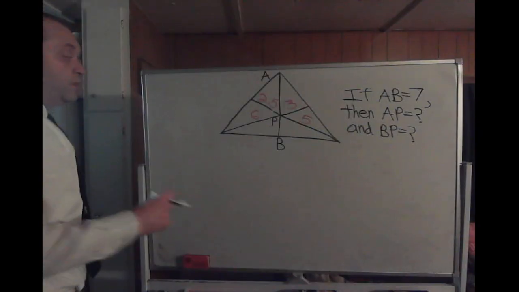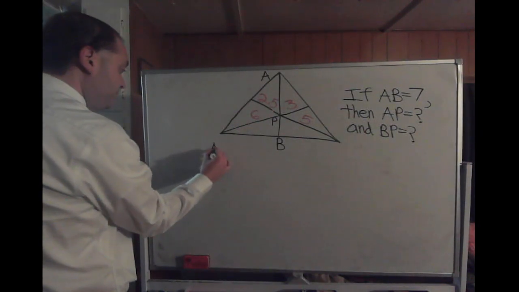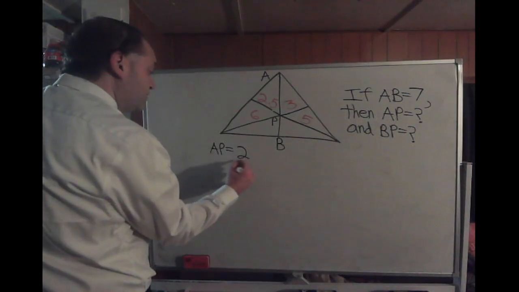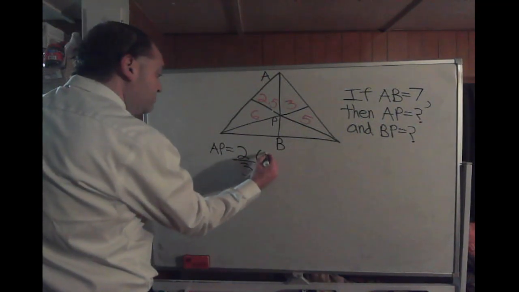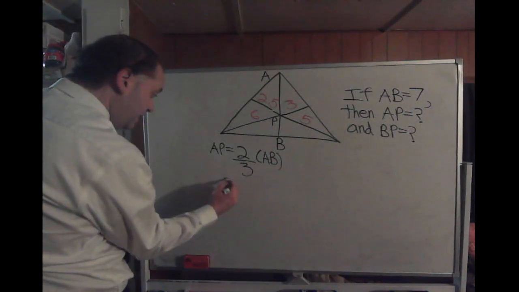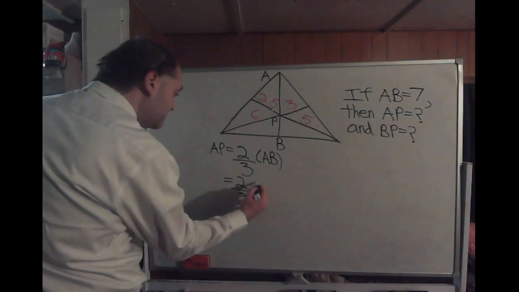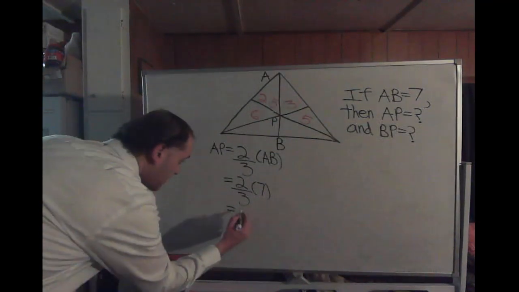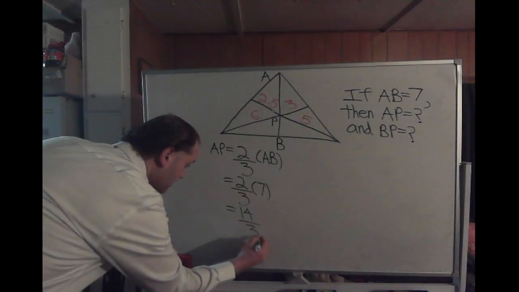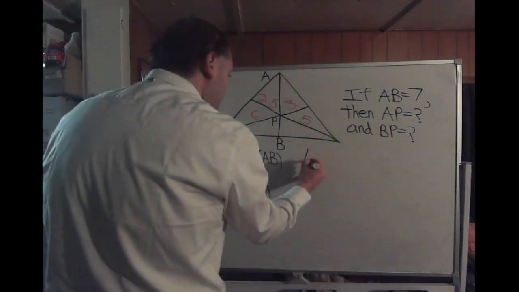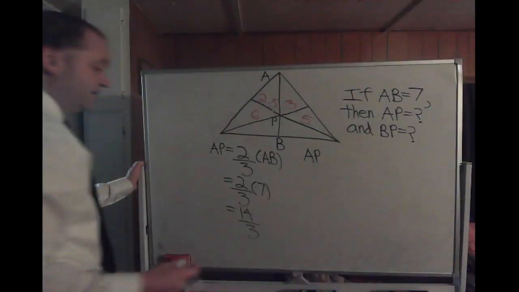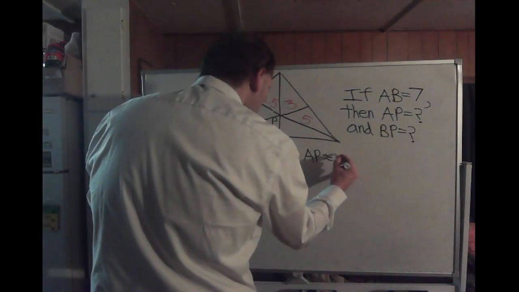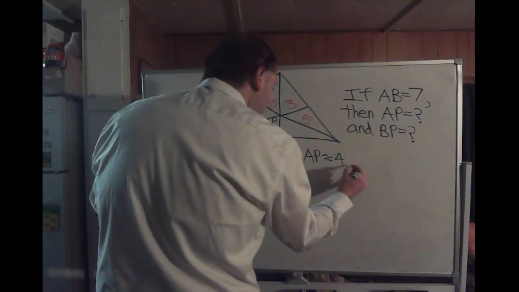So we know that AP, again, has a length of 2/3 of AB, which would be equal to 2/3 of 7, which would equal what? 14/3, which has to mean that AP ultimately is equal to 4 2/3, which is approximately 4.67.